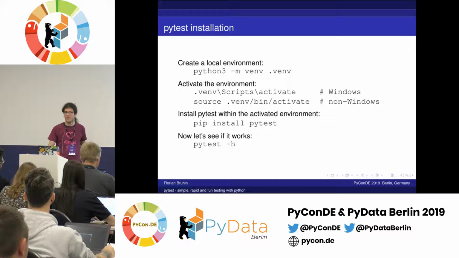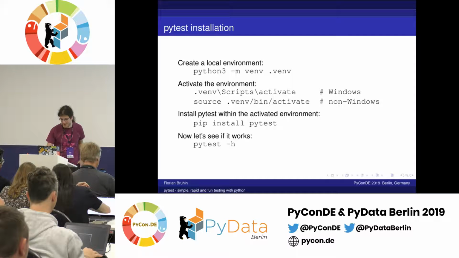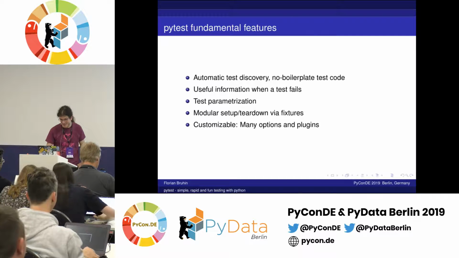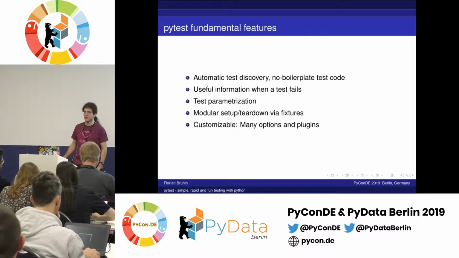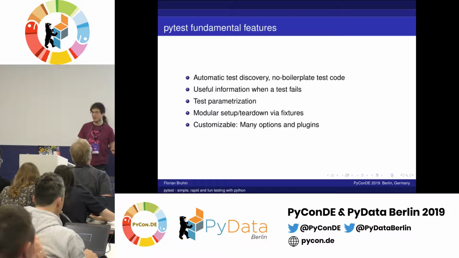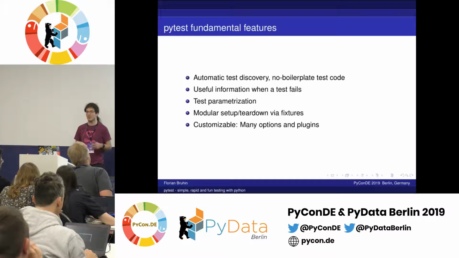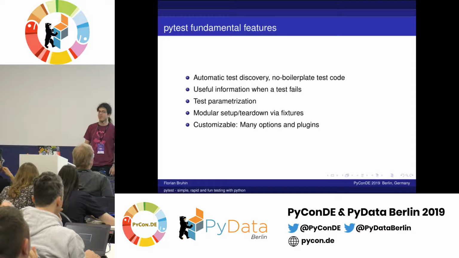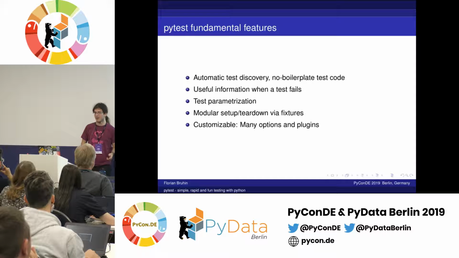So it looks like everyone has PyTest up and running. Awesome. Then we can get to the more interesting part. So what are the fundamental features of PyTest? PyTest tries to avoid boilerplate to make your tests as short and as readable as possible. It tries to give you useful information when a test fails.